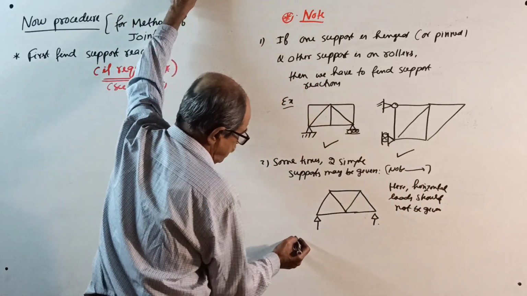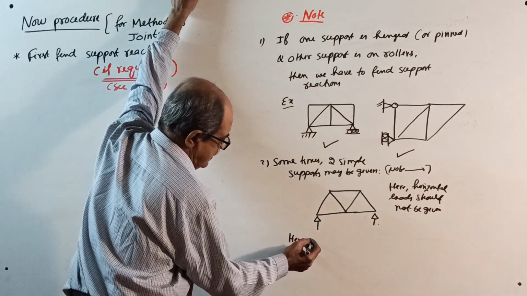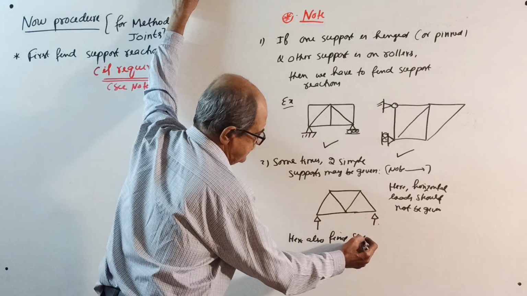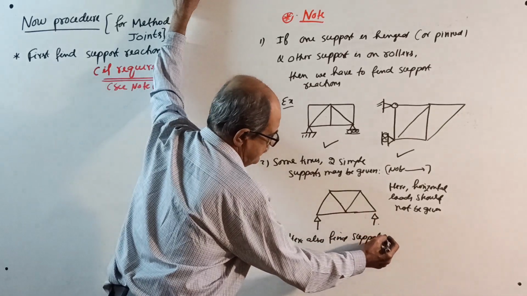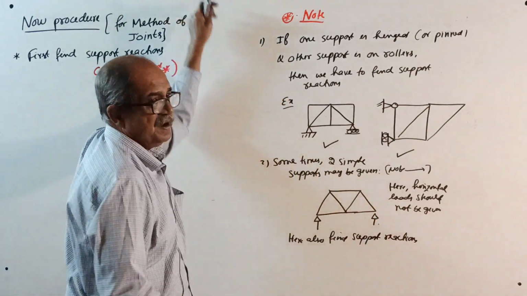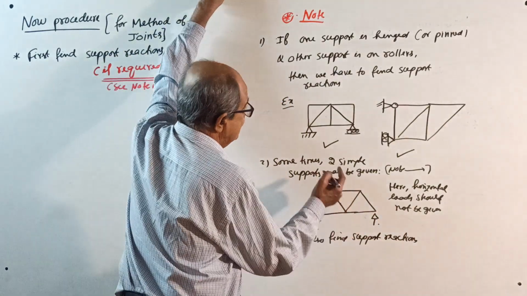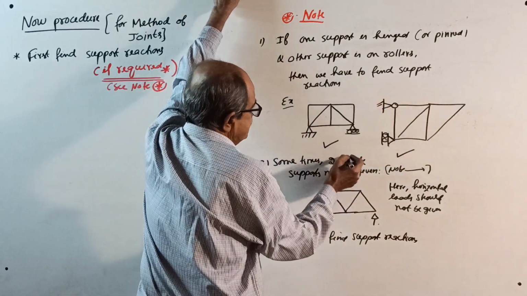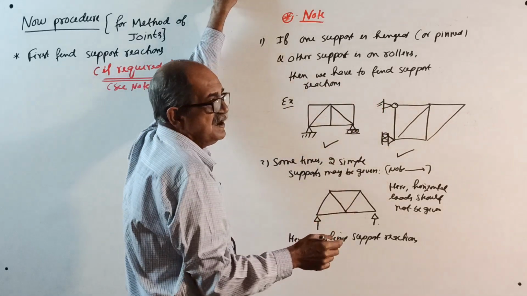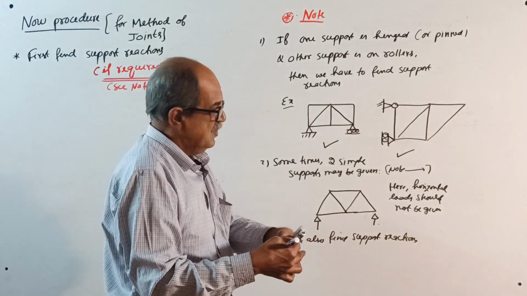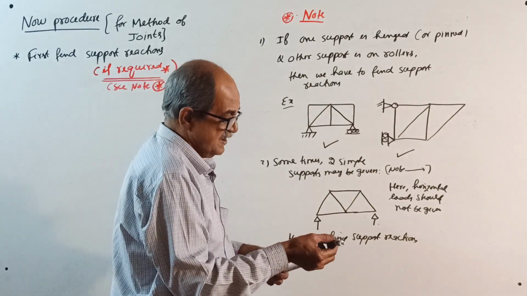So here also find support reactions. But of course, how many? Support reaction means, total 3 reactions, that you know. Or you can show the support reaction here if you want.